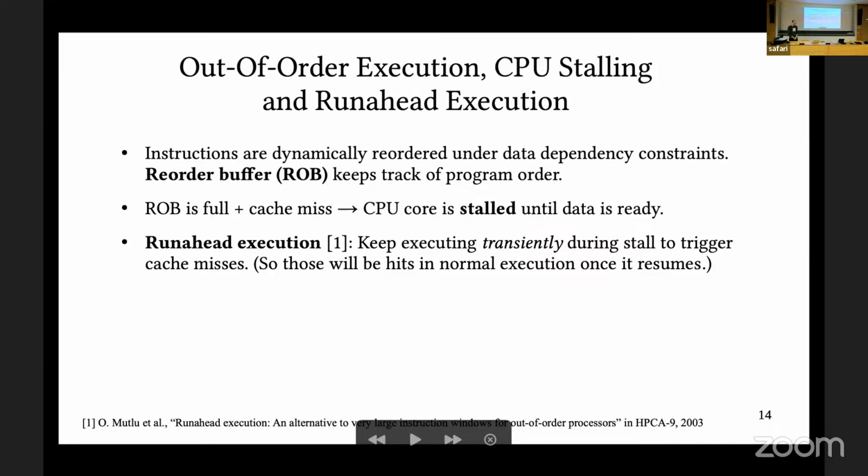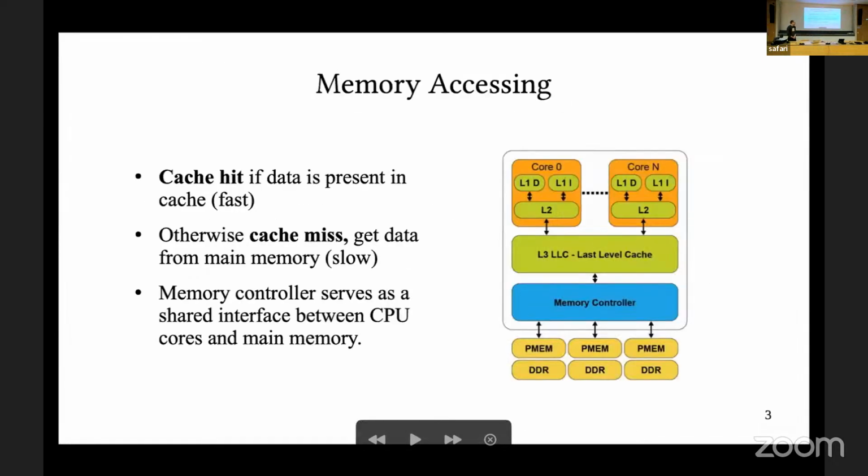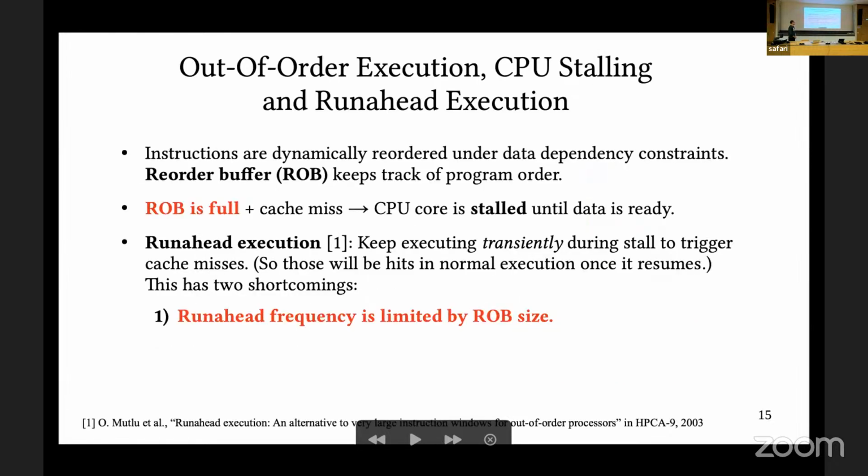Well, there's still some problem with this, or we wouldn't still be publishing papers about it. And the problem that the authors identified here is basically two points. You only execute it every now and then, right? It only happens when the buffer is full.